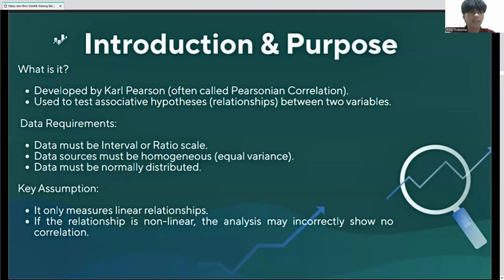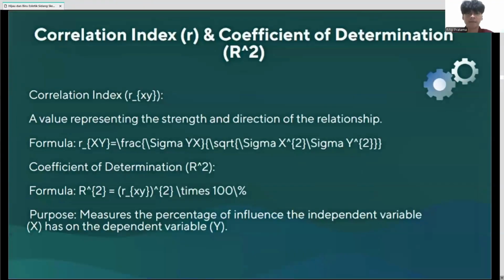Second, data sources must be homogeneous, equal variance. And the third, data must be normally distributed. Key assumption. First, it only measures linear relationship. And second, if the relationship is not linear, the analysis might incorrectly show no correlation. Next.